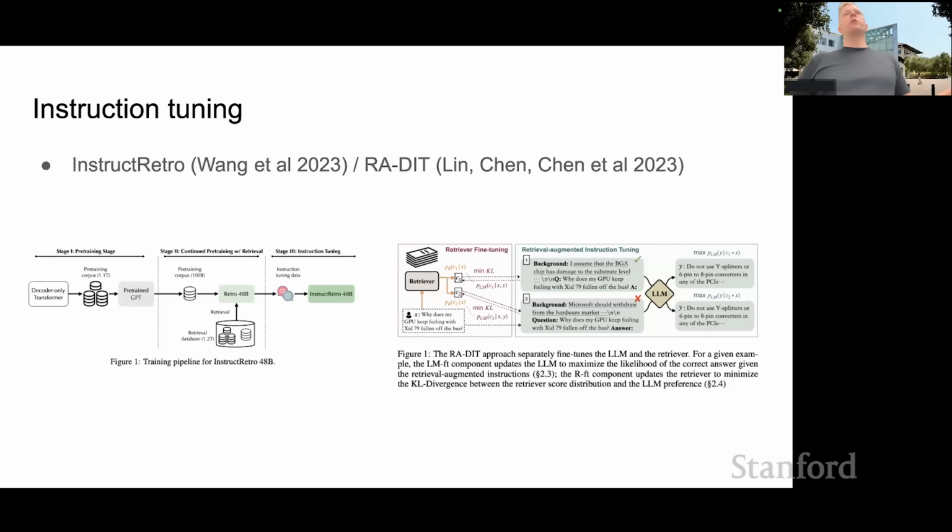So one of the interesting things that people are looking at now with things like RA-DIT and InstructRetro is how can we instruction fine-tune an entire retrieval augmented system? So all the way into the retrieval step, can we generate data so that it also follows the instructions properly, which currently doesn't happen in any of these model architectures.